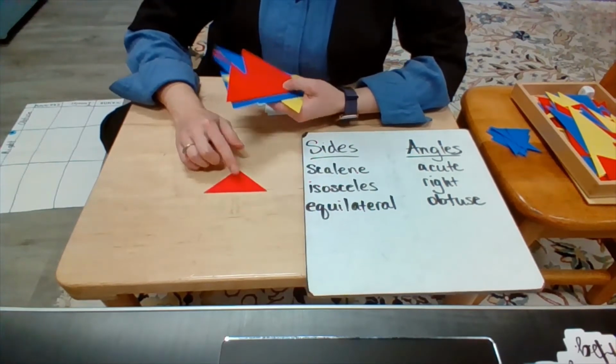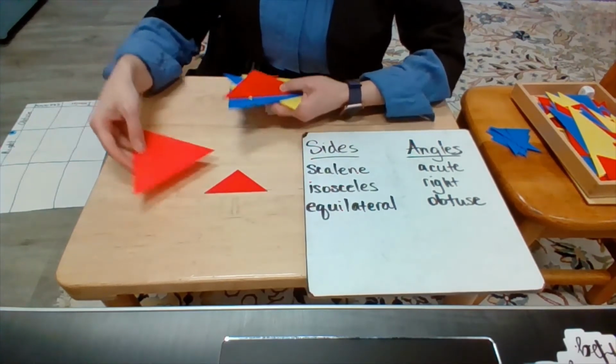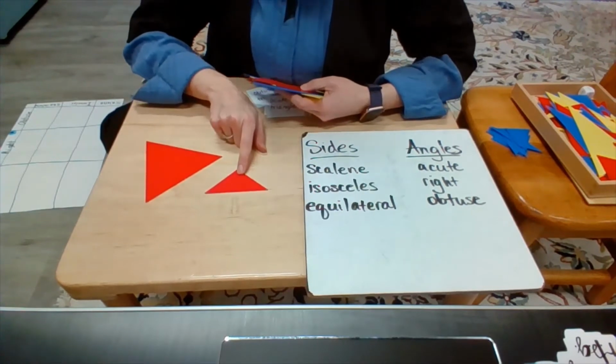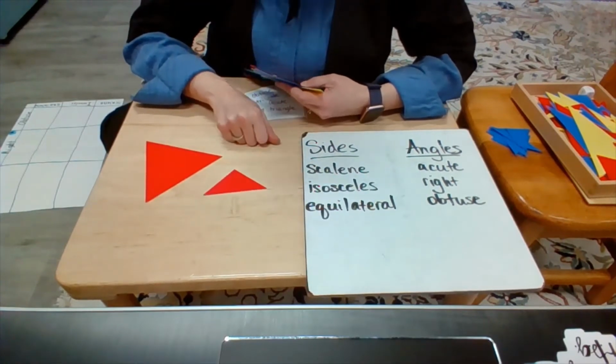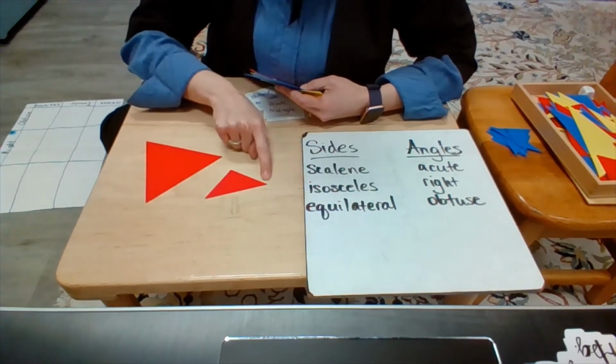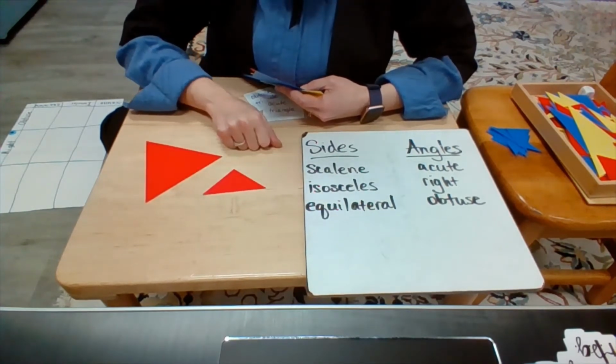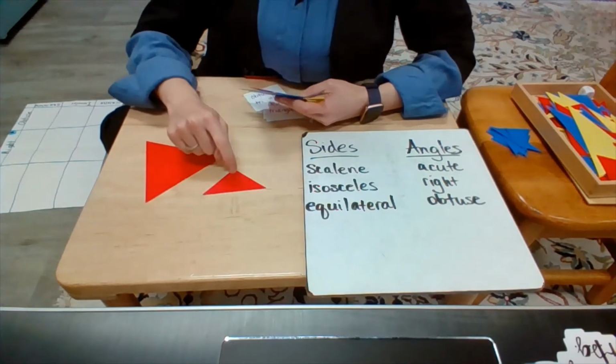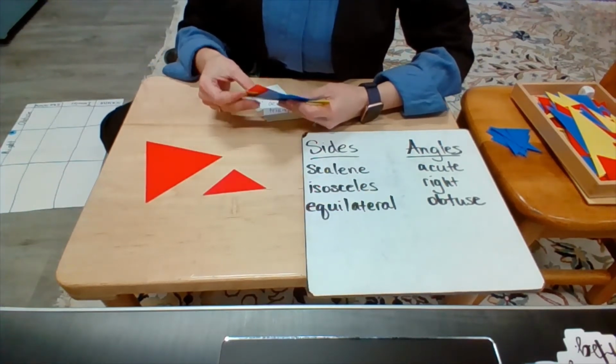So let's take this one, for example. I can see that in comparison, it is a smaller, red, right, isosceles triangle. And all those words that I used were adjectives.